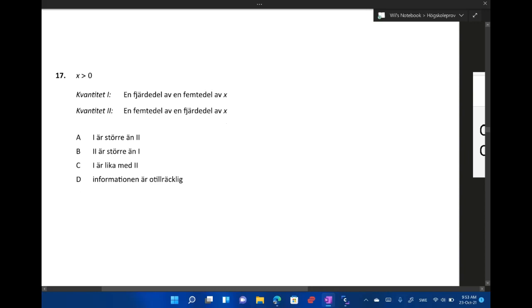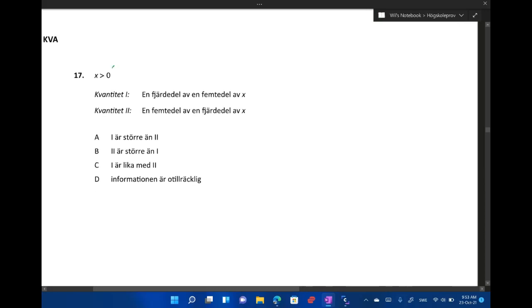Question 17. It says that x is greater than 0. So x could be equal to 1, for example, since that statement's true. It says a fourth of a fifth of x. When we see the word "of," think multiply right away.